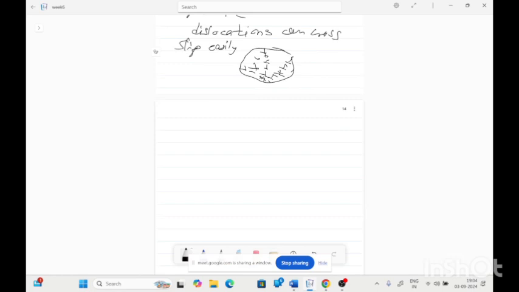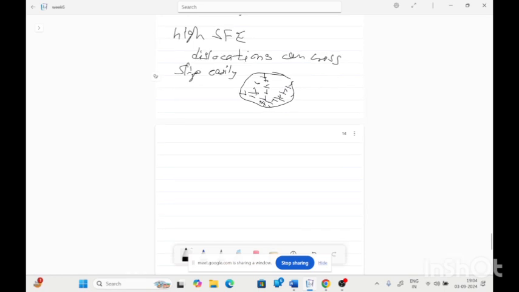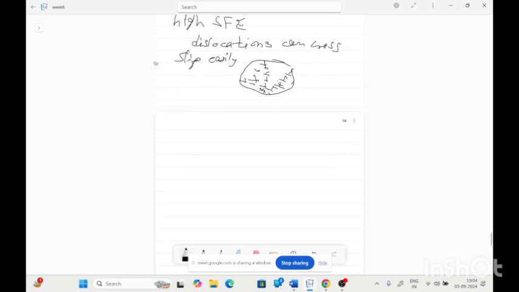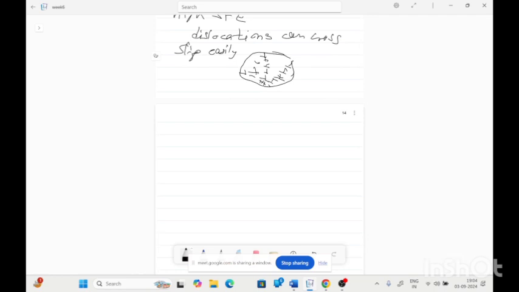So, due to cross slip, the dislocations can easily rearrange in different patterns and form dislocation sub boundaries.